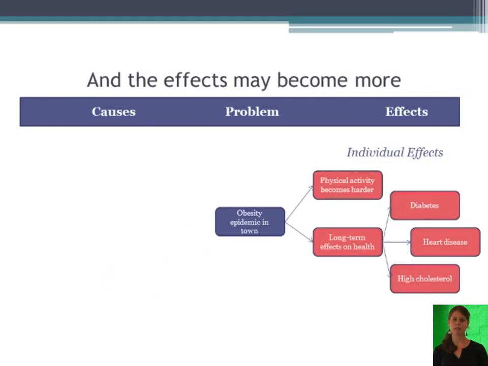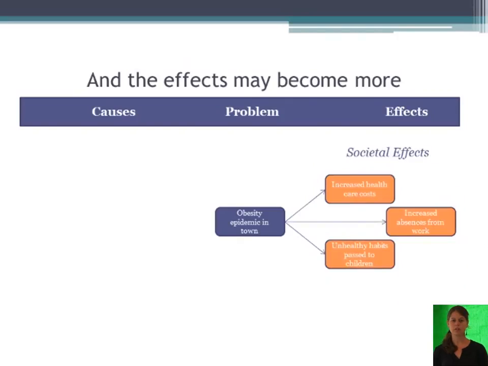What about the effects? So we're going to have the same individual level effects that I had. Physical activity is becoming harder, and there are also long-term negative health effects: diabetes, heart disease, and high cholesterol. Then there are also societal effects.